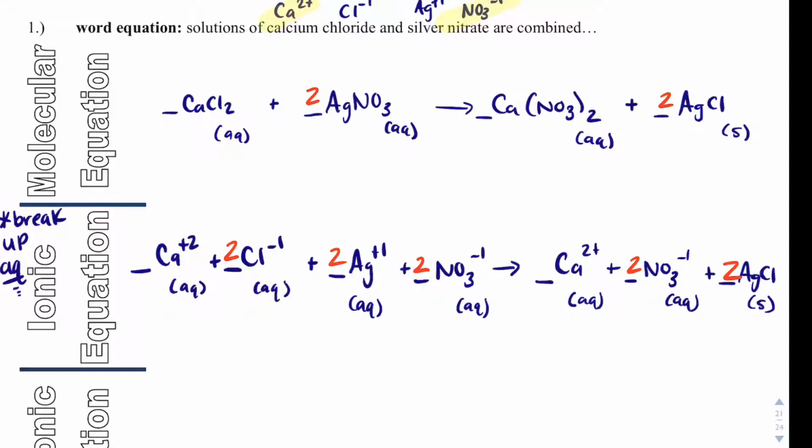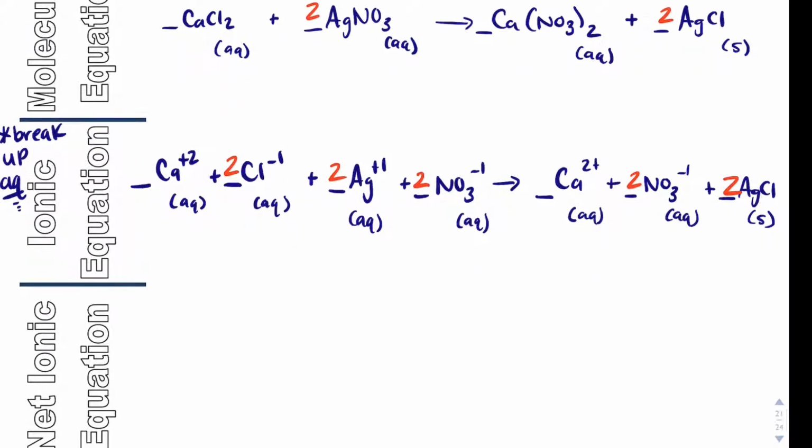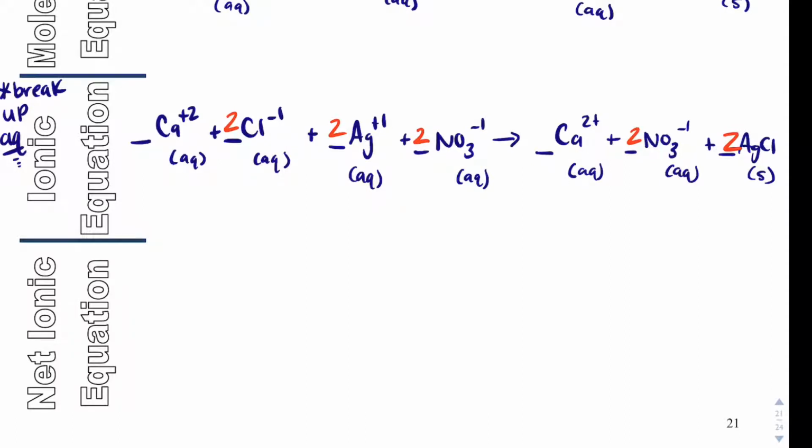If you can get the ionic equation correct, then I think writing the net ionic equation is going to be straightforward. The net ionic equation is just synthesizing what actually occurs in this reaction.